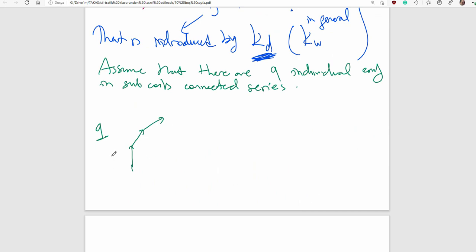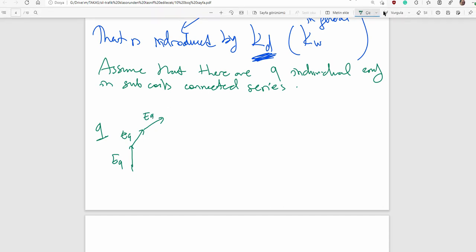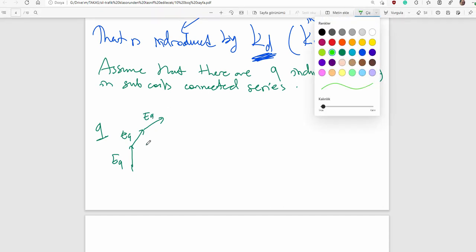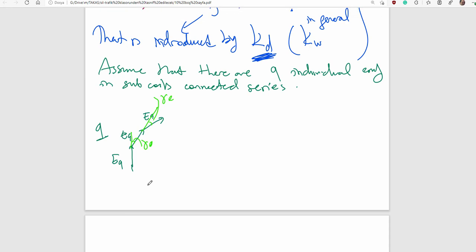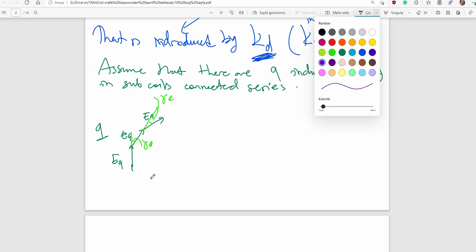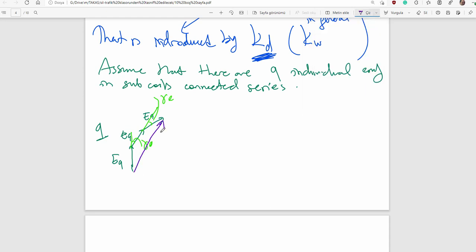Let's say, let me define this as EQ, the individual element, another EQ in terms of RMS value, but they are displaced by gamma electrical. Here you see some phase displacement. And that is the resultant EMF, which is the vectorial summation.